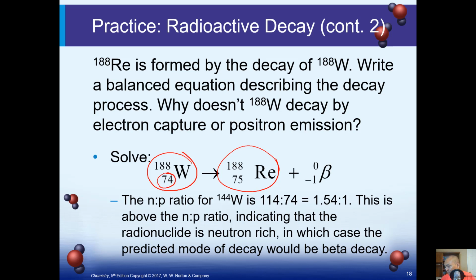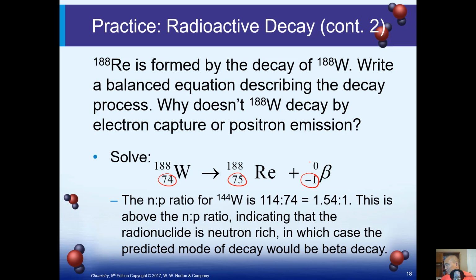The number 74 can be determined by looking it up in the periodic table. We can also look up that rhenium has atomic number 75. After you do that, we find you need a subscript of -1, so the subscripts add up to be the same for both sides.